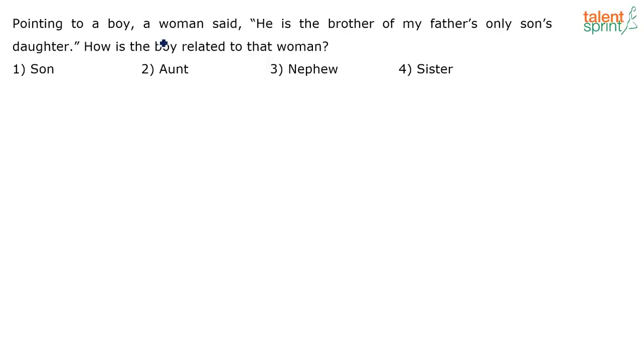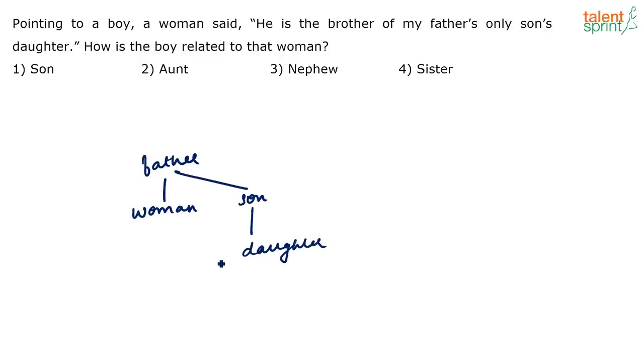Pointing to a boy, a woman said, "He is the brother of my father's only son's daughter." So if this is the woman, she has a father. This father has only one son. This son has a daughter, and this boy in the picture is the brother of this daughter.